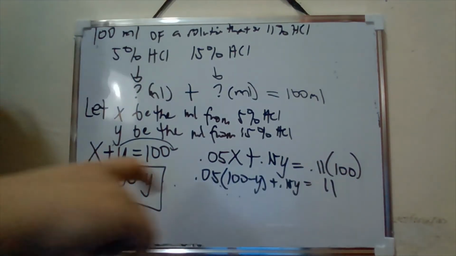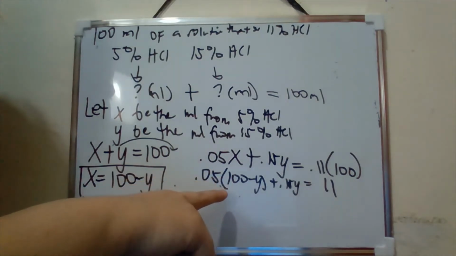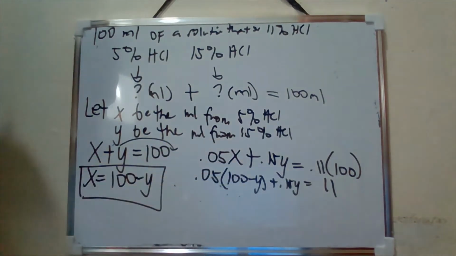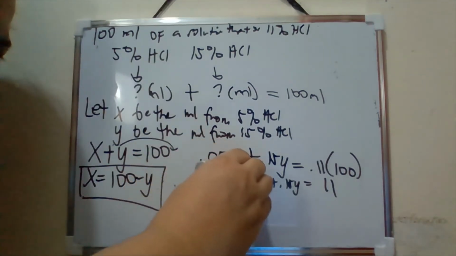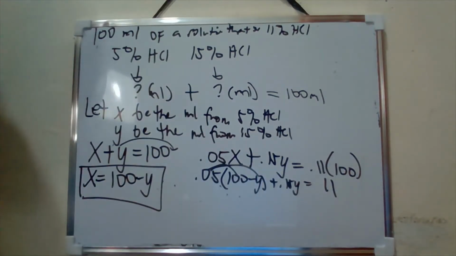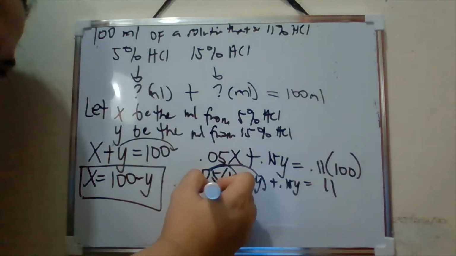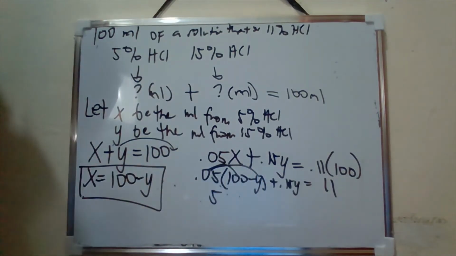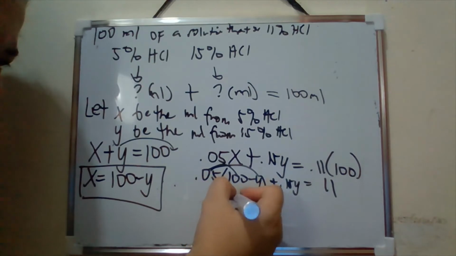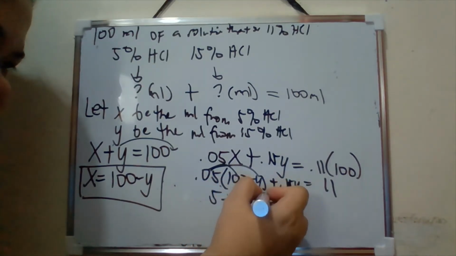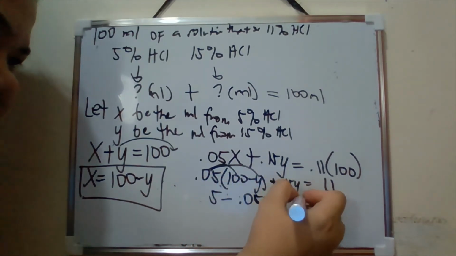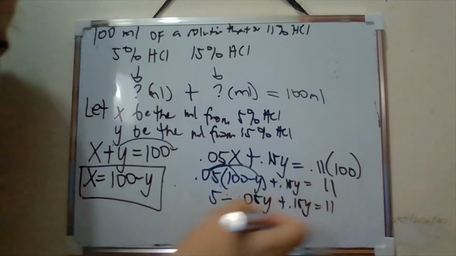Now we multiply 0.05 to 100, and distribute 0.05 to negative Y. So that becomes 5 minus 0.05Y plus 0.15Y equals 11.